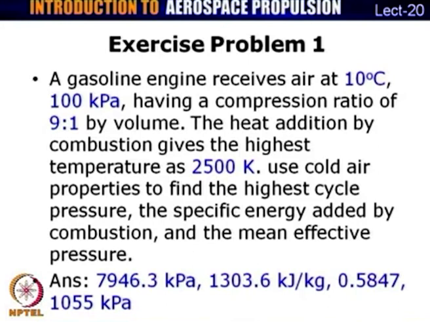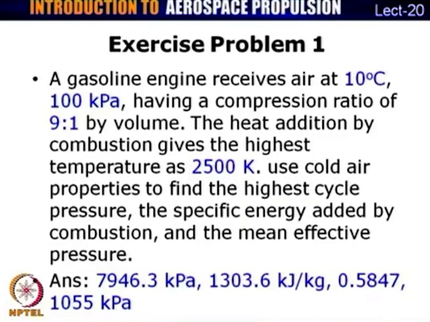The heat addition by combustion gives the highest temperature as 2500 Kelvin, and if we use cold air assumptions, we need to find the highest cycle pressure, specific energy added by combustion, and the mean effective pressure. So, the highest pressure is 7946.3 kilopascal.